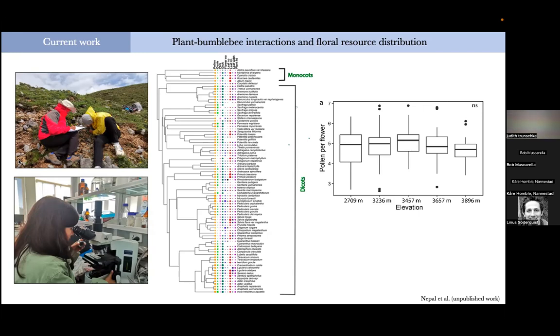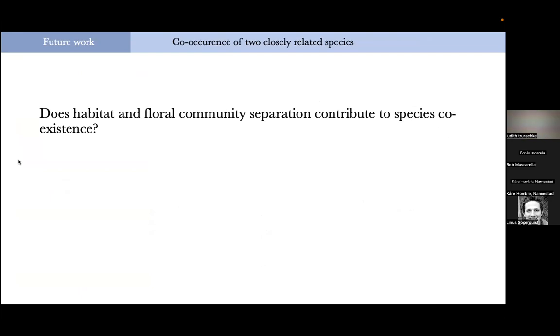So I think this explains each other, so sort of. So now I'm combining these data of spatiotemporal variation in the distribution of pollen and nectar resources and flower visitation patterns by bumblebees.